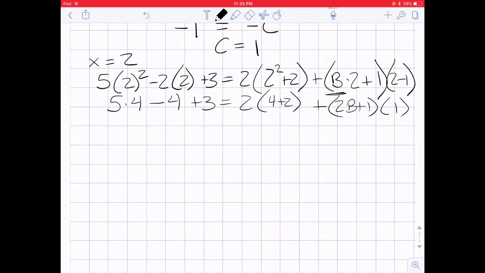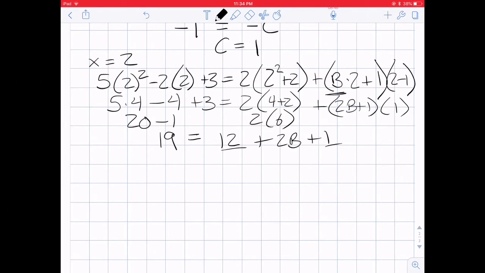That'll be something I can ignore. 20 minus 1, 19 over here, 2 times 6, which is 12, plus 2b plus 1. So if I combine those two things, that's 13. Then subtract the 13 over, and I'm left with a 6 equals 2b. Then divide by 2, and finally I have 3 equals b.